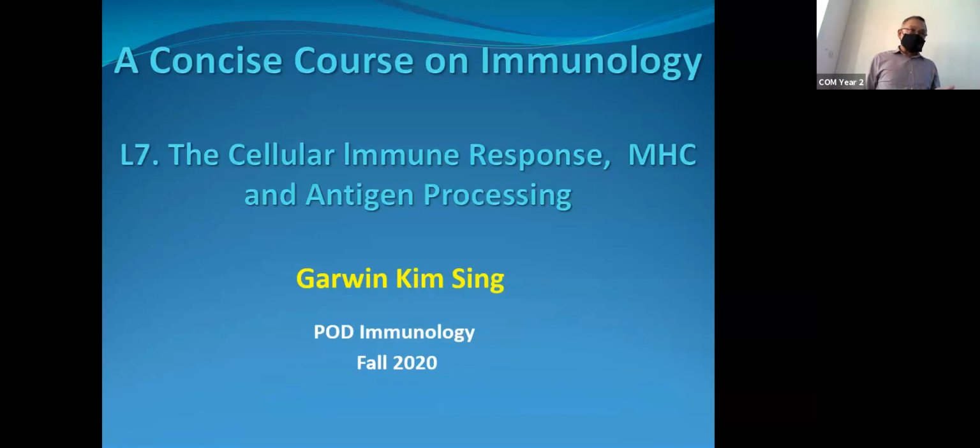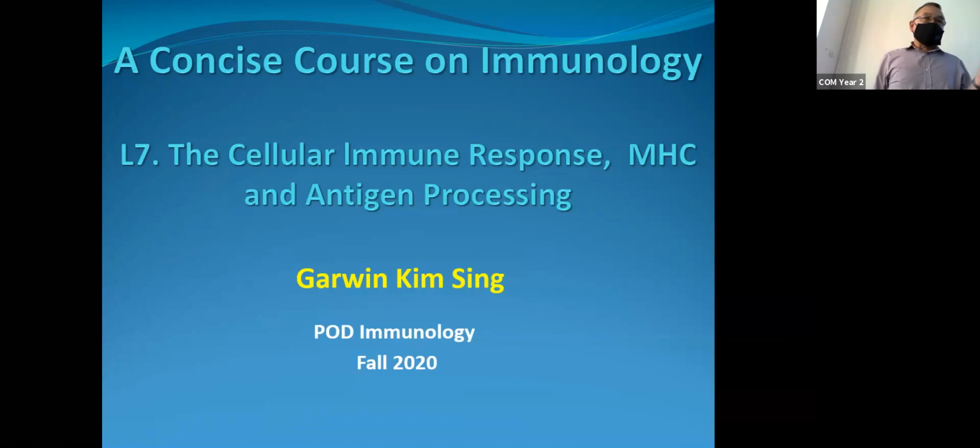Now, in this lecture, we've covered antibodies and talked about how variability is generated amongst all the antibodies that the immune system makes. We've talked about the different isotypes, namely IgM, IgG, and so on.